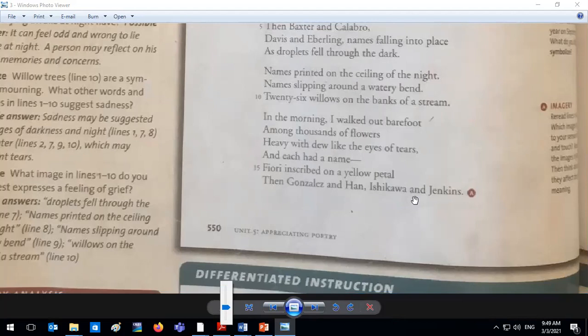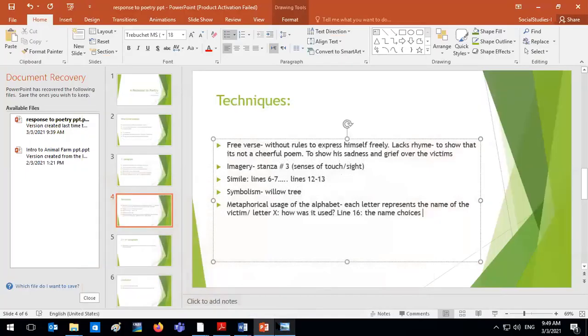Again, line number 16, the choices of names that he chooses are significant. Another thing that he uses: imagery, simile, symbolism, the metaphorical usage of the alphabet, free verse, and also the length of the lines.